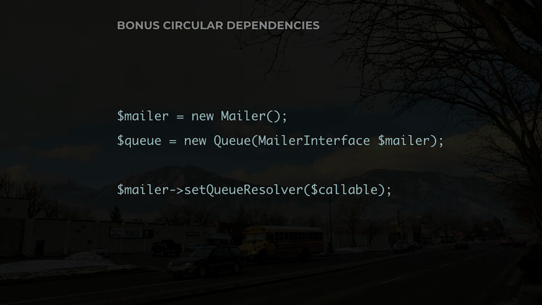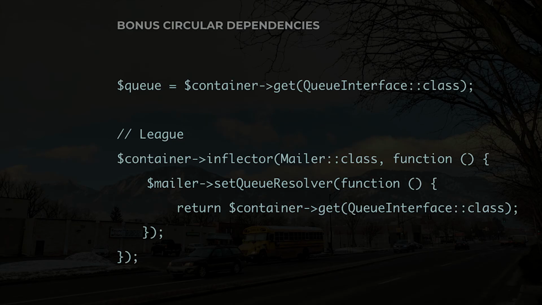So when we new up a mailer, we can just inject a callable in there with setQueueResolver, and then when the queuer is needed, it can actually call this callable, and then the queuer will be resolved. So this is basically breaking up a circular dependency by making one of the two dependencies into a soft dependency. So yeah, this is what it looks like.